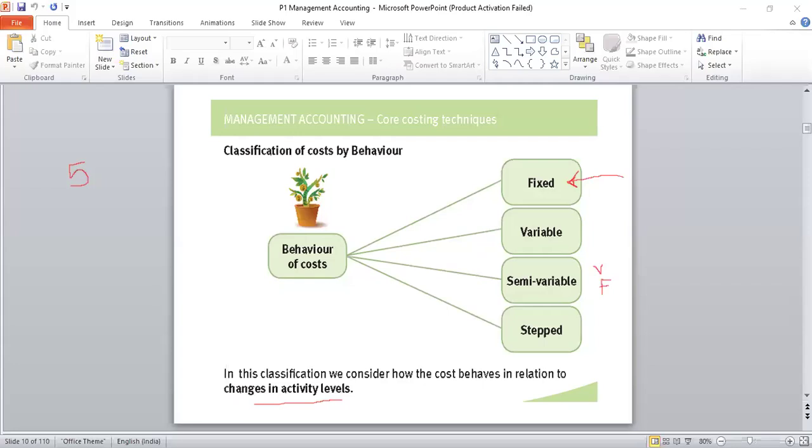Electricity bill is the best example for a semi-variable cost. The postpaid telephone bill is also an example, because there is a component which is fixed in nature. So there is a monthly rate in the telephone bill, postpaid mobile bills. These are all examples of that. A part of it is fixed in nature, and over and above that minimum limit, there is another part which keeps varying. So that is a variable component.